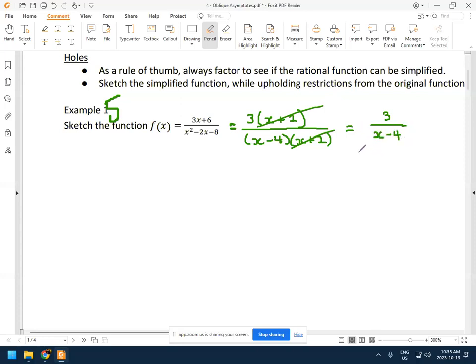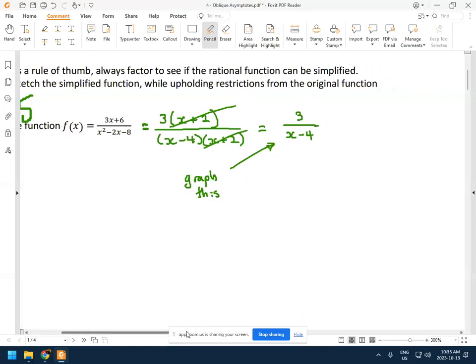So as a reminder, graph this. Okay? But remember that there is a hole. What's nice about this one is I don't have to simplify it. The x values are all divided out. There is no x value in the numerator, so I don't have to simplify it and worry about what the horizontal asymptote might be.